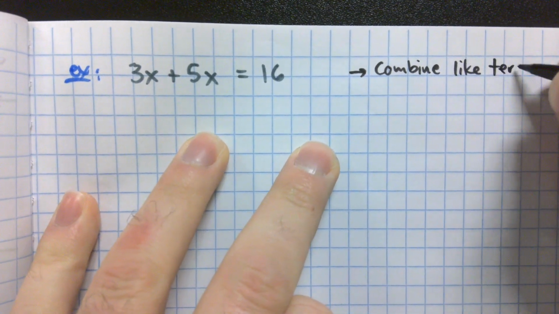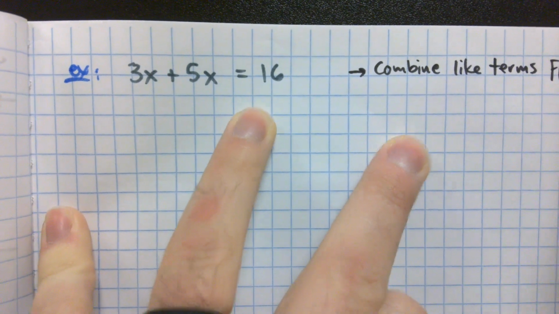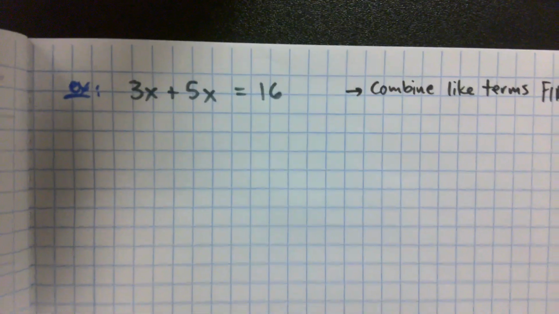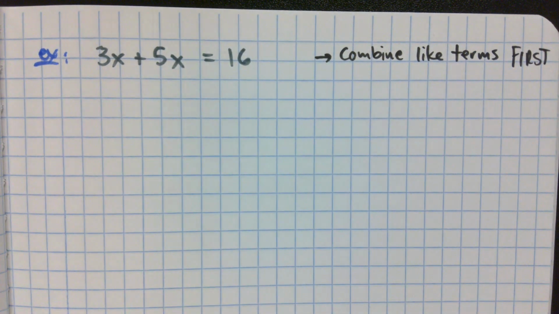First thing we want to do is combine our like terms. But in order for us to do that, we got to figure out what terms in this equation are alike.